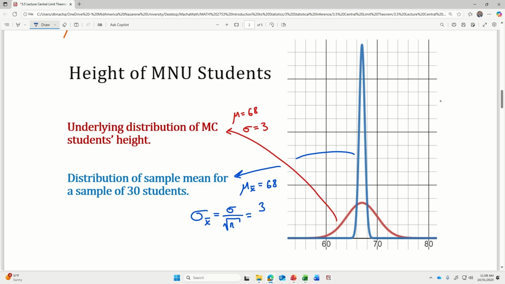So that would be 3 divided by the square root of 30. And so that would be only a standard deviation of 0.5477. So these curves have the same mean, but the blue curve has a much smaller standard deviation because I've got a pretty decent sample size.